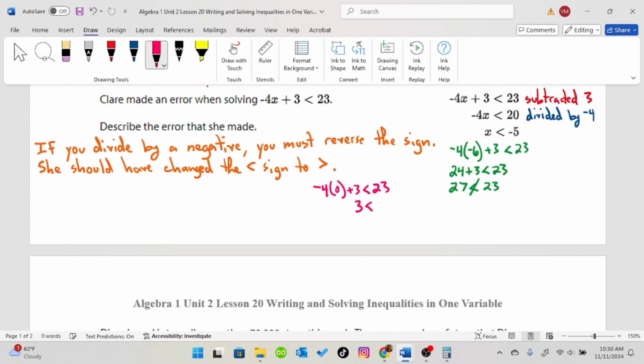So we just end up with 3 is less than 23, which is true. So now we've proven that she should have flipped the sign when she divided by negative, because when we attempted -6, it did not make it true, so x should not be less than -5. But when we tried 0, it made it true, so we know that x should be greater than -5.